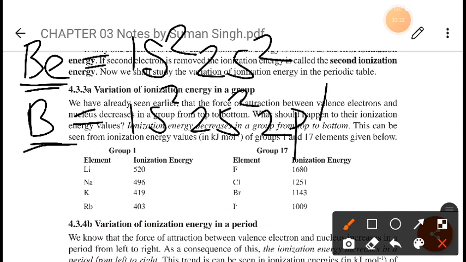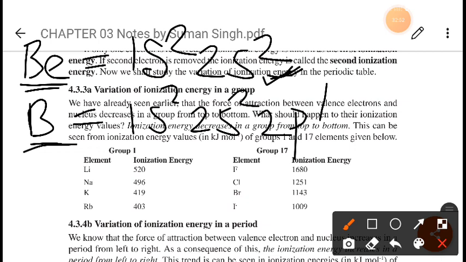As you can see, the first factor is here: the 2s electrons are more penetrating than the 2p electrons, right? As we have discussed previously, the penetration effect. Next, the 2s electron in beryllium is not shielded by the inner electrons as efficiently as the 2p electron in boron.